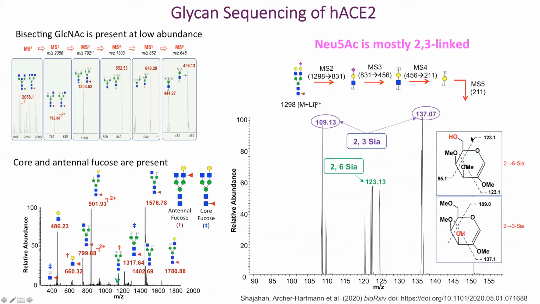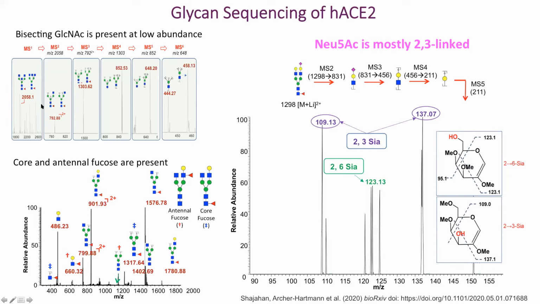So this is data showing how we've come about sequencing the individual glycans. What we've done is we've used the MSMS, figuring out the bisecting GlcNAc present at low abundance, of course.